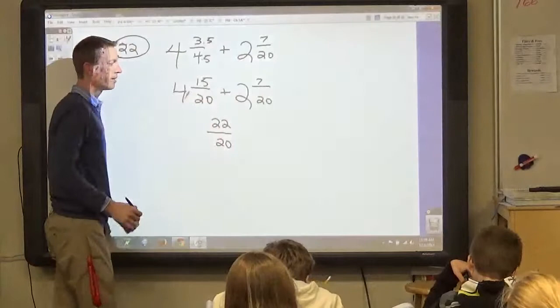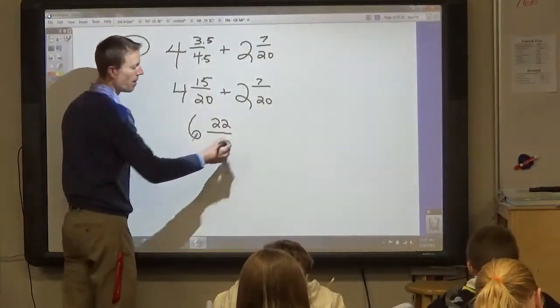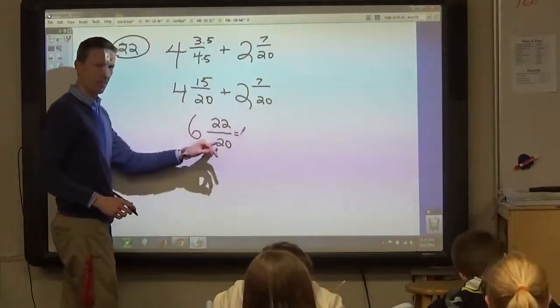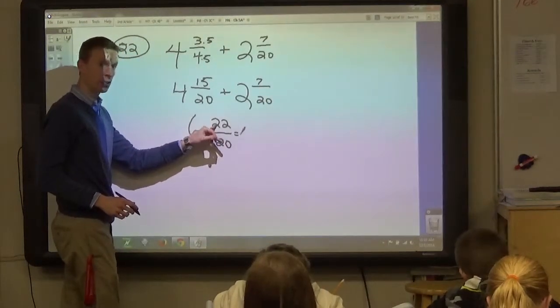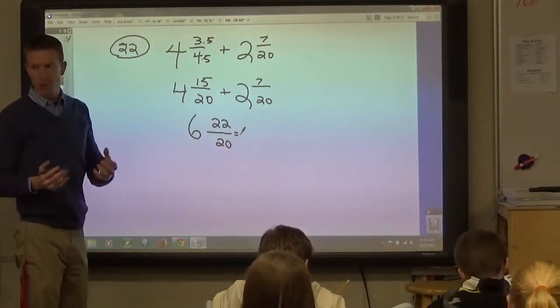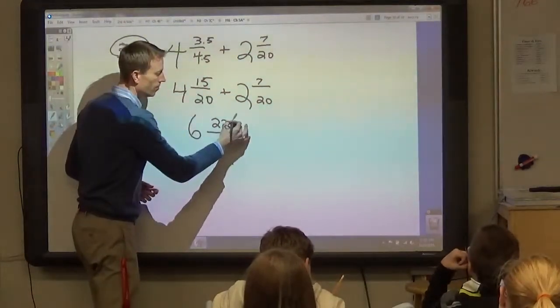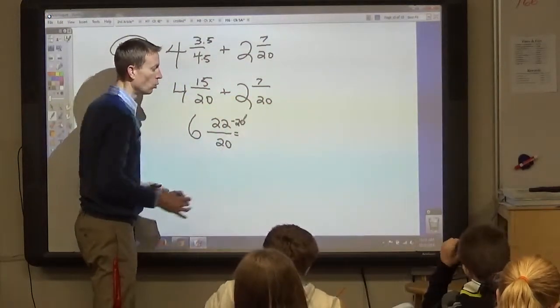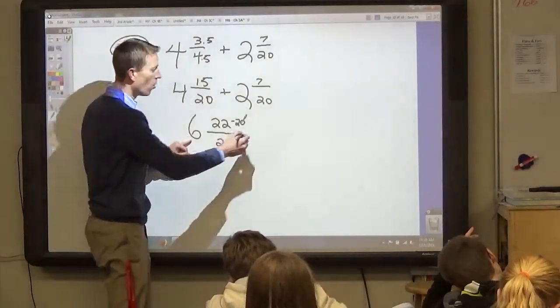And 4 and 2 is 6. But we can add another 1 because we have 22/20. 20/20 is 1. So if we take away 20 pieces, that gives us another whole.